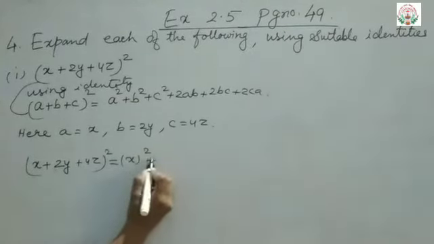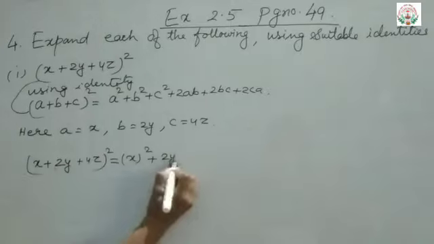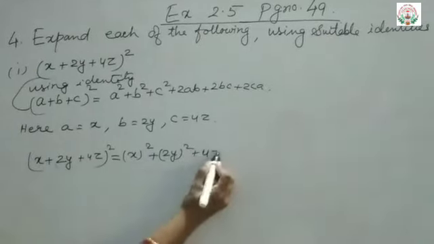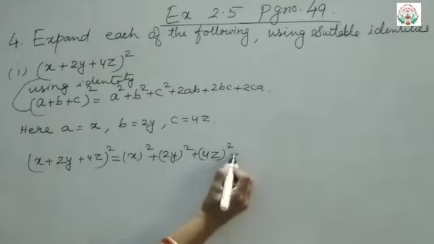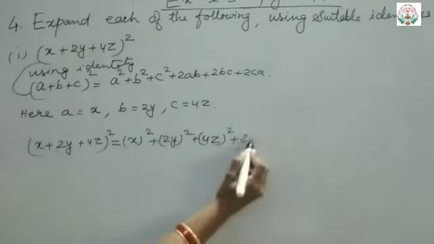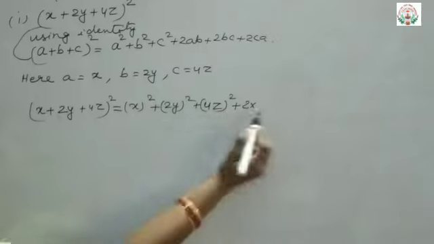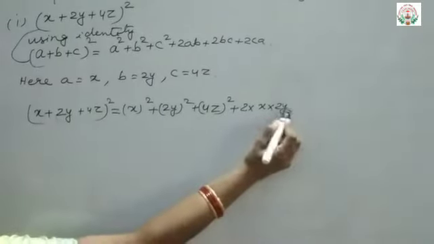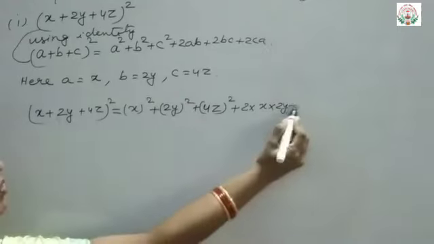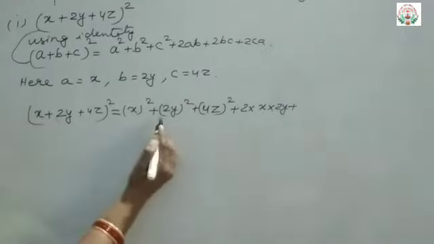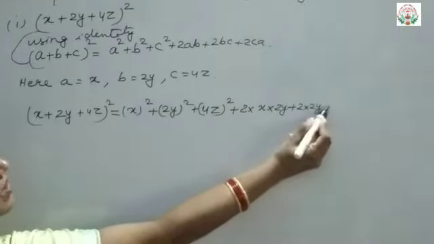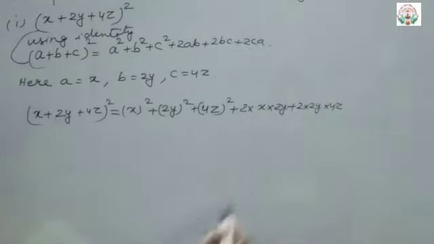X square plus 2y whole square, that is b square, plus c square means 4z whole square plus 2 into, now what is a? That is x. What is b? Into 2y. Okay, then plus, then what is the next? That is 2 into 2y into 4z.